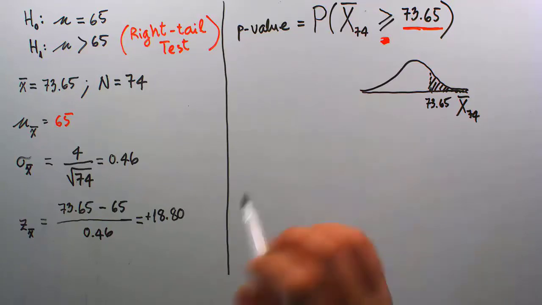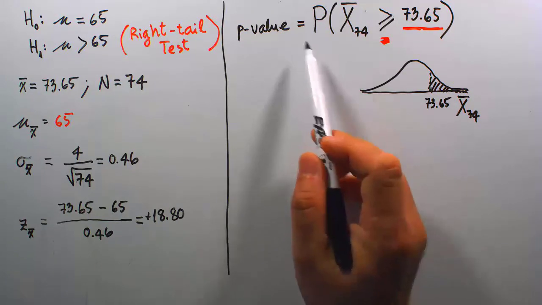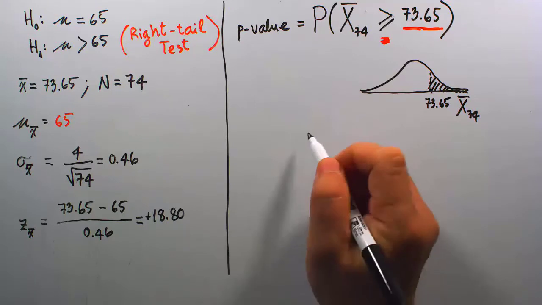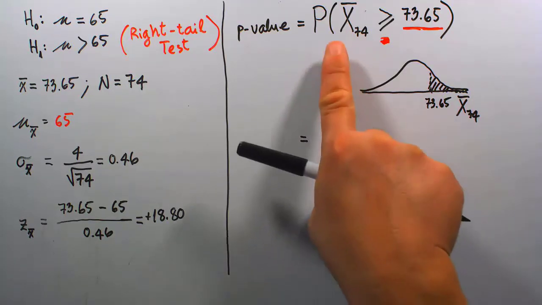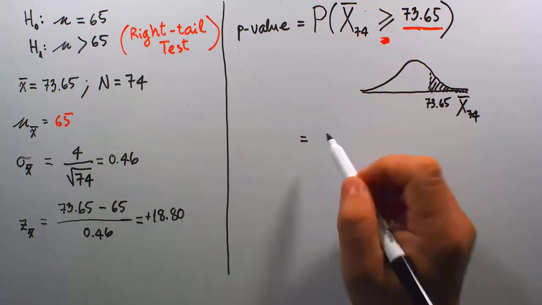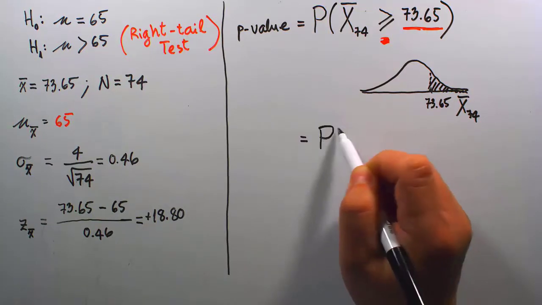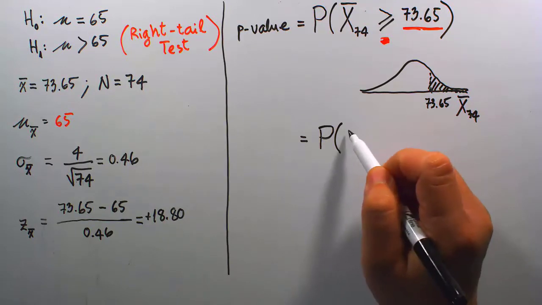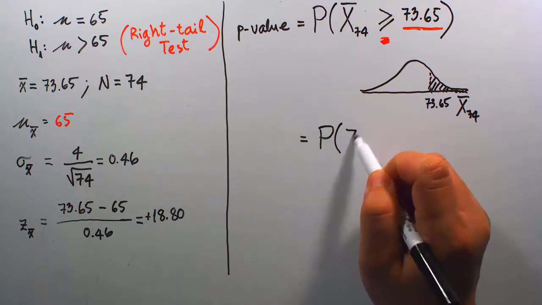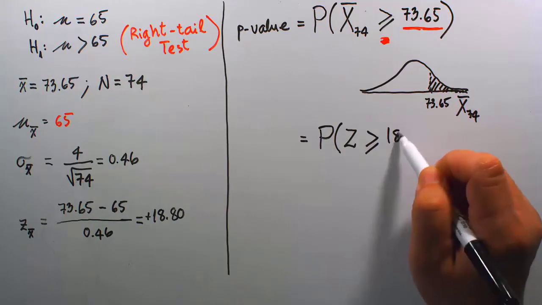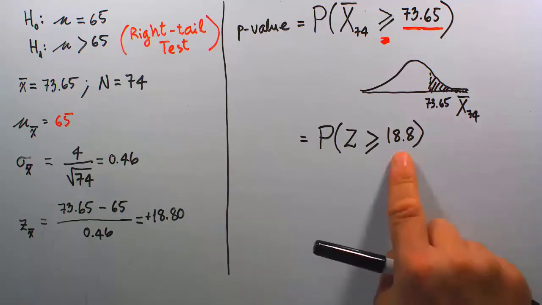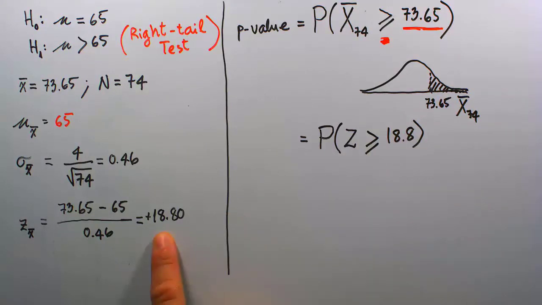And so at this point, to actually calculate that probability, we understand that this probability is equal to the probability that on the standard normal distribution curve, we're looking for a z-score anywhere greater than or equal to 18.8. And this z-score came out from our previous calculation on the z-score of our particular sample.